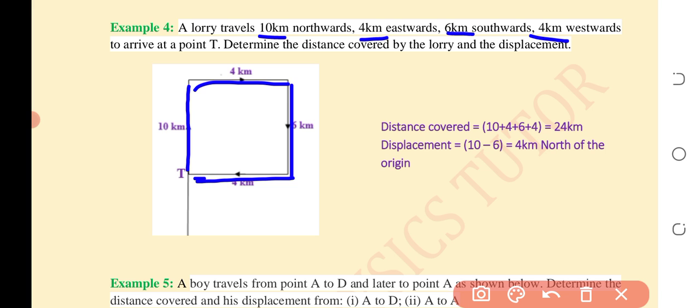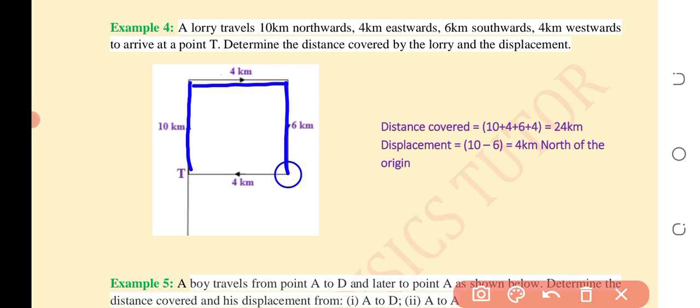To find the total distance, remember the definition of distance. Total distance is how far the object will have gone. And that represents this 10 plus this 4 plus this 6 plus this 4, and that is equal to 24 kilometers. The total distance covered by the body is 24 kilometers. And when it comes to displacement, we realize that the displacement is just from this initial position to this final position.